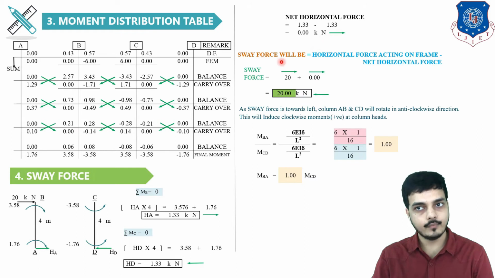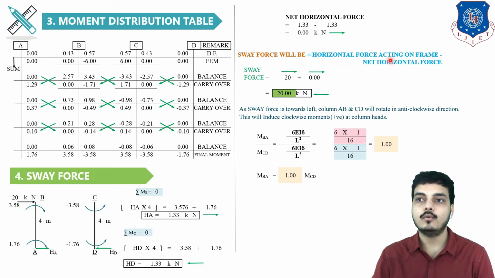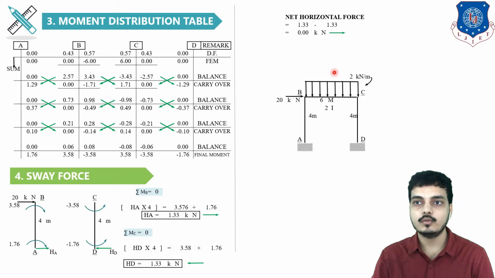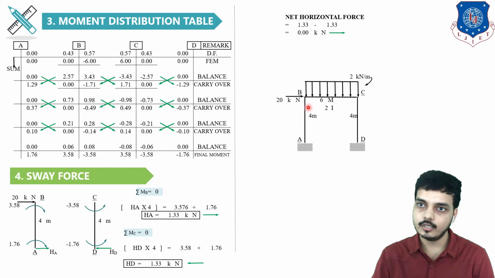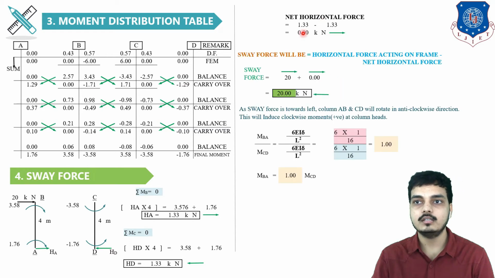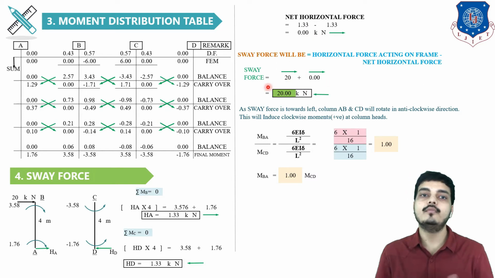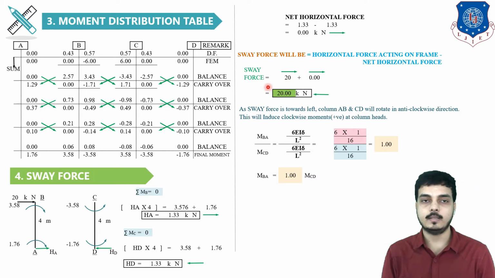So sway force will be the horizontal force acting on the frame minus the net horizontal force. Which was the horizontal force acting? It was 20 kilonewton. And how much is our reaction? It is 0. So 20 plus 0, ultimately my sway force is coming 20 kilonewton.